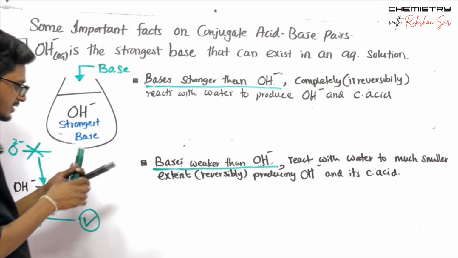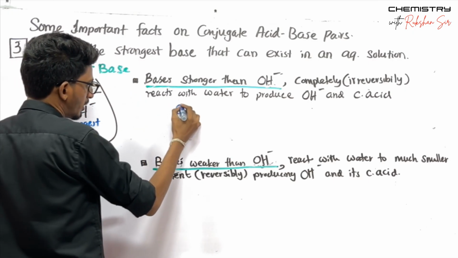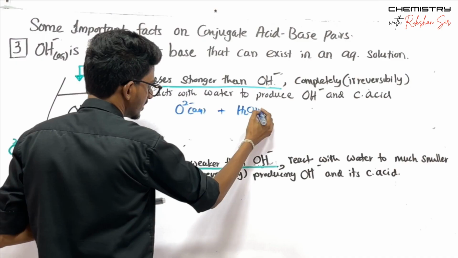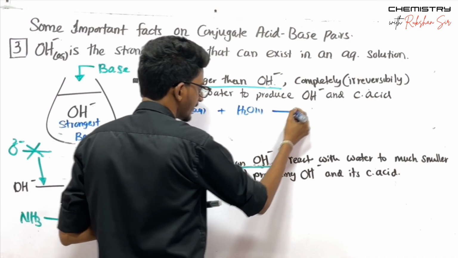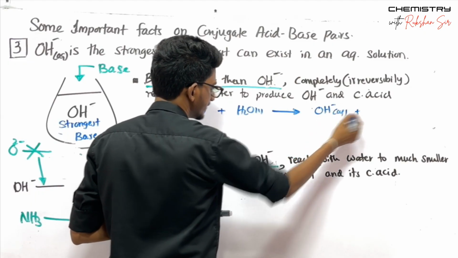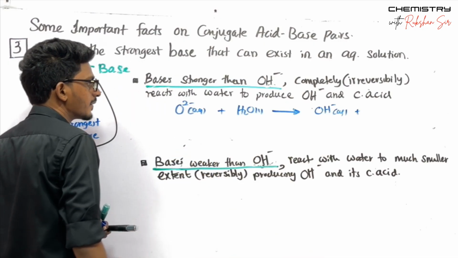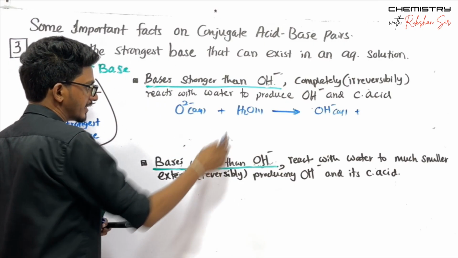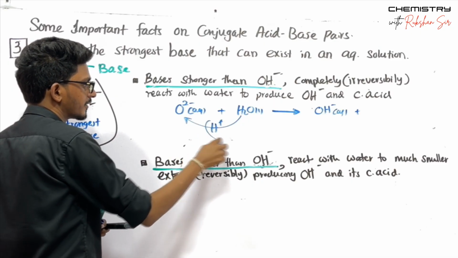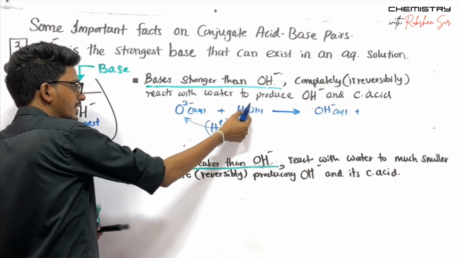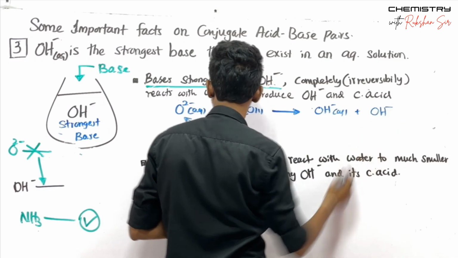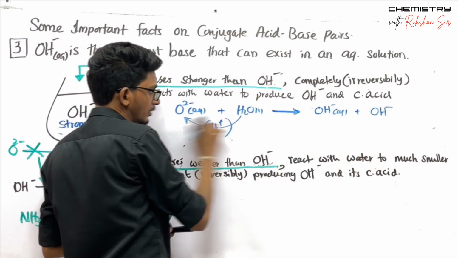One H plus is released here, and that is how OH minus is produced.